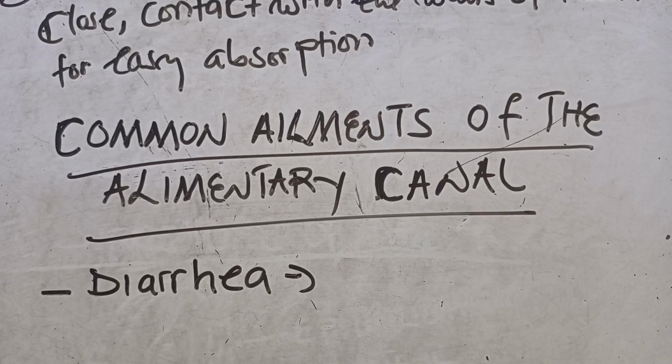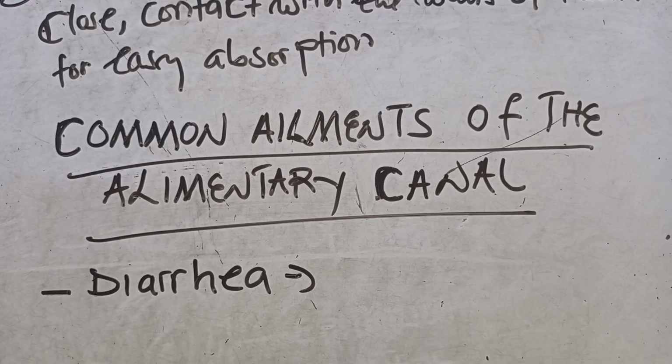So when you feed on food that has bacteria or virus, you are going to have what? Diarrhea. This is going to be seen in the defecation. You're going to discover that the feces has a lot of liquid, so that is diarrhea.